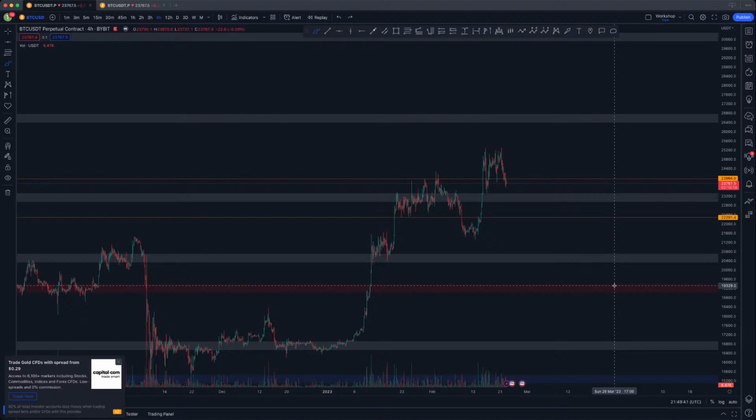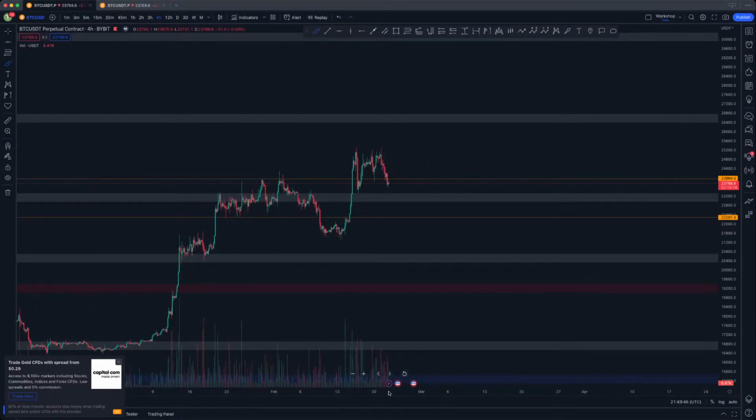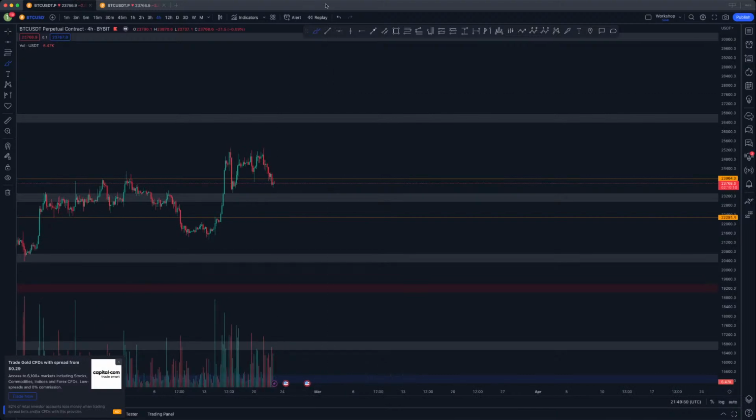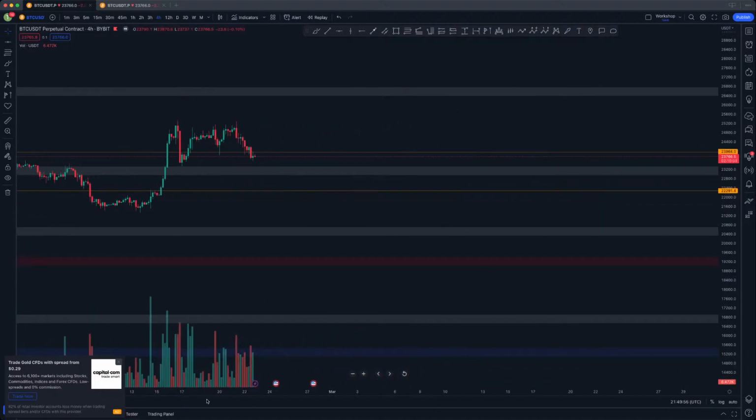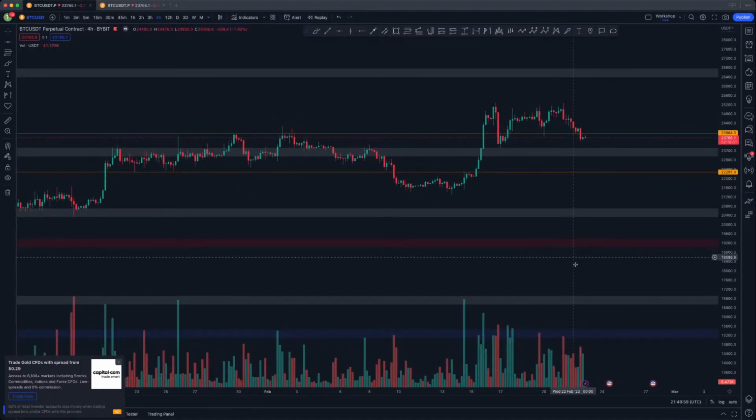Honestly, the biggest advice I would give is the relationship between price and volume. So as an example, let's do a quick bit of analysis. If we look at the volume here, what can we see, candle by candle? Let's take this candle in isolation.